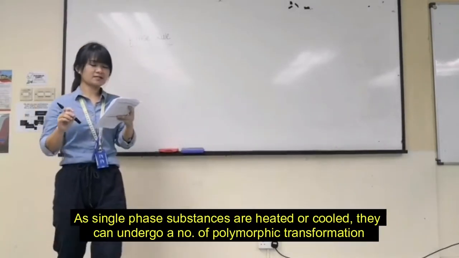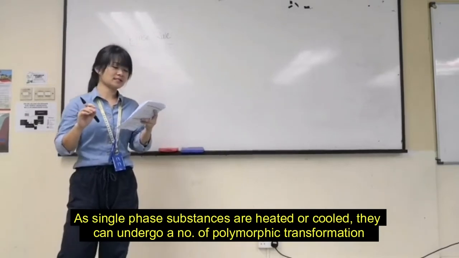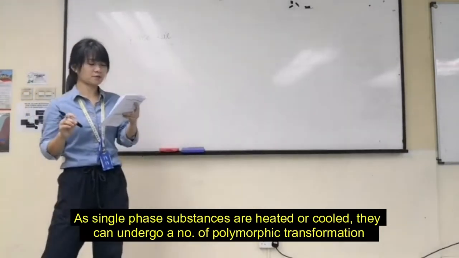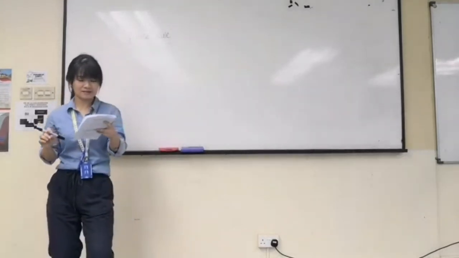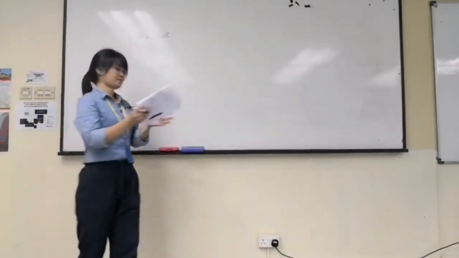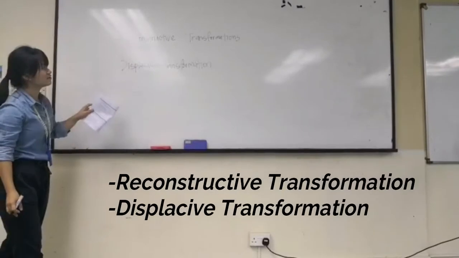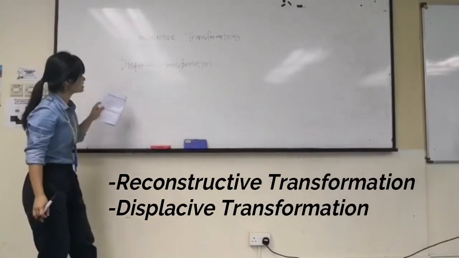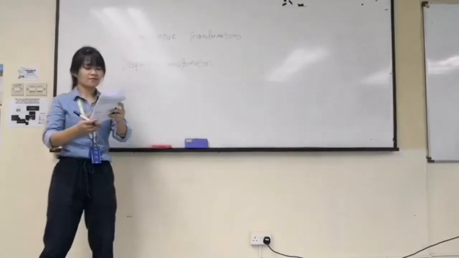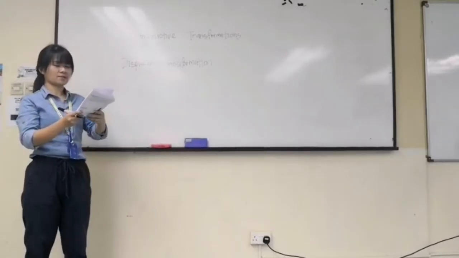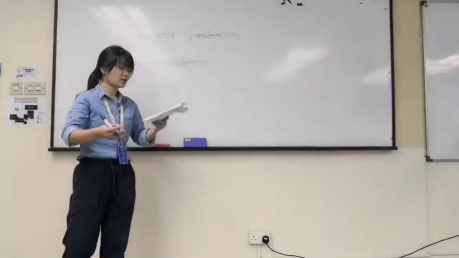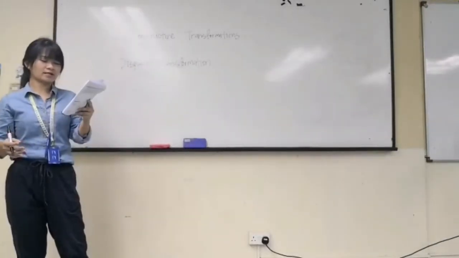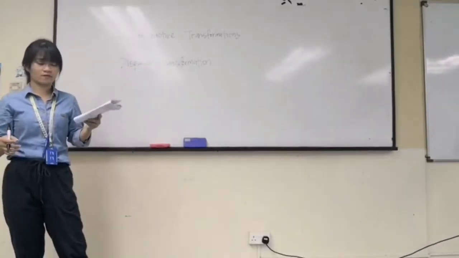A single phase substance that is heated or cooled can undergo a number of polymorphic transformations, which are displacive and reconstructive. The reconstructive transformation involves breaking and rearranging of the bonds, so the transformation usually occurs by nucleation and growth.